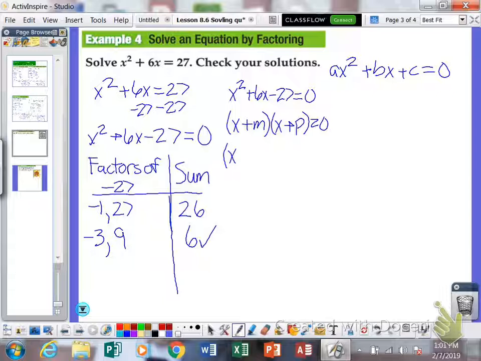We know what our m and our p are. We have x minus 3, x plus 9. This is our m, or 3 is our m, 9 is our p here. This is equal to 0.